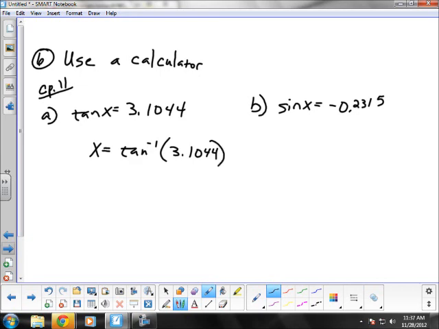Do you remember how to put that in your calculator? You hit the second button, then the tangent button, and then you type in 3.1044. And then hit enter, making sure you're where? In radians, right?